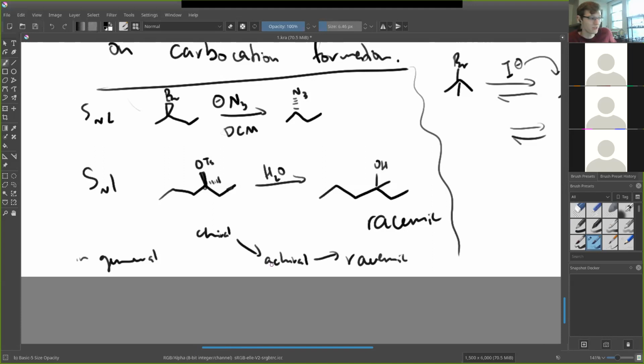Occasionally, though, you have a tertiary substituent, and there's no other option. Or this is another one of those situations where allylic and benzylic are also still really good.